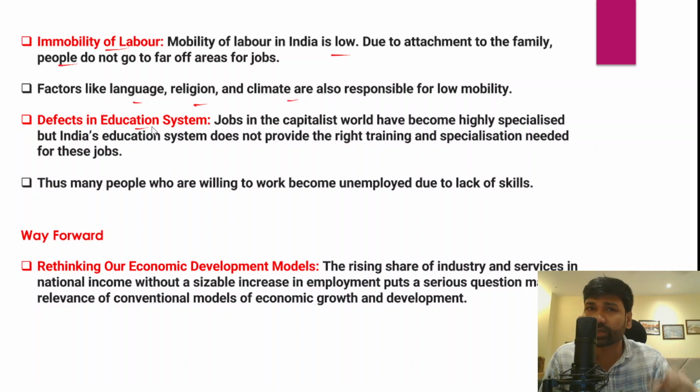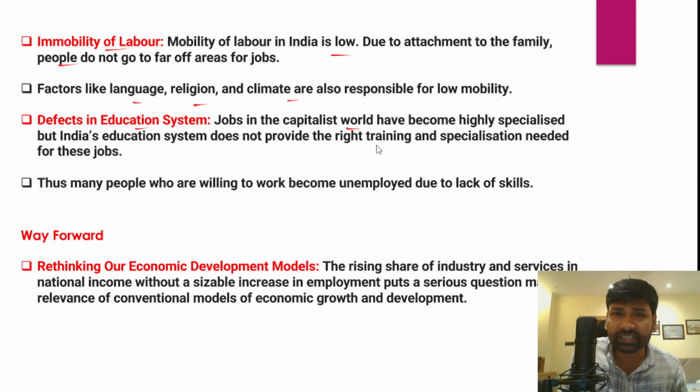And don't forget the defects in the education system. Very often in our education system we emphasize rote learning. Right? Jobs in the capitalist world have become highly specialized, highly professional. Therefore an education system which emphasizes vocational training, technical skills, technical education and market relevant skilling plays a very important role in the employability of college graduates.